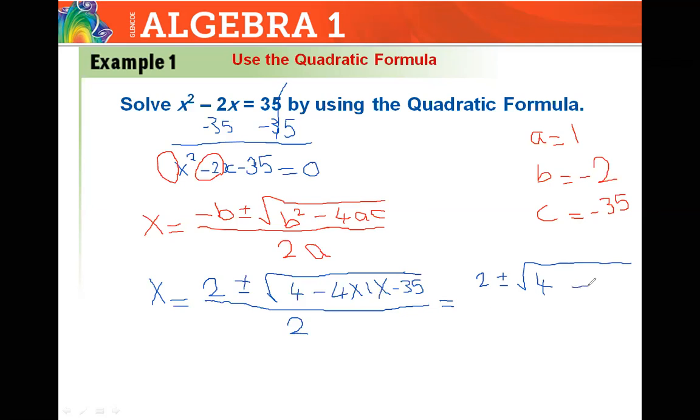So we add here plus 140, and down you will write 2. And complete the calculation: 4 plus 140 equals 144. So plus and minus the root of 144 over 2. Root 144 equals what?